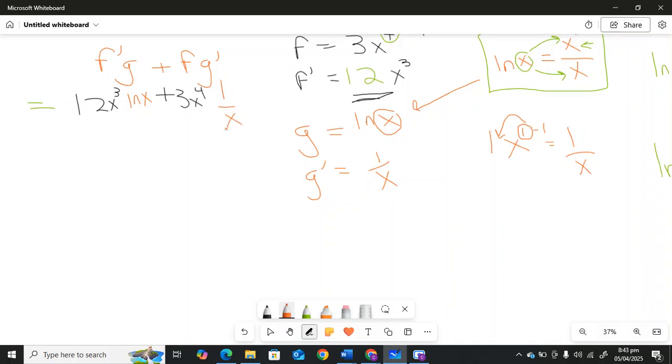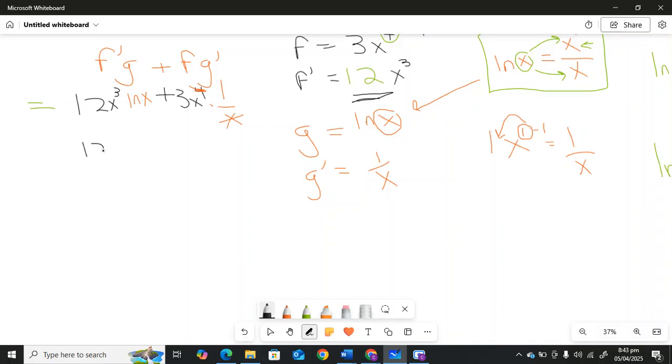Now, we can simplify this answer further. This x at the bottom will cancel one of these x's, so we remain with 3x to the power 3.